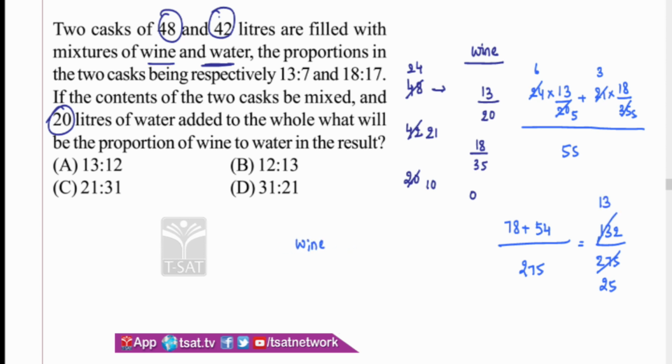Wine is 12 parts, therefore water is 13 parts. So wine and water are in the ratio 12:13. Answer is B. Okay, 11 12s, 11 25s. The moment you get it here, 12 parts is wine means the rest of the 13 parts will be water there.